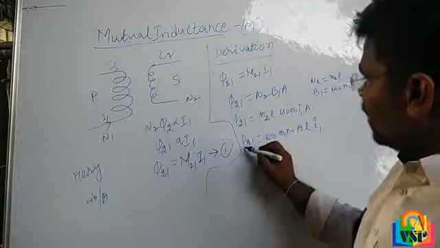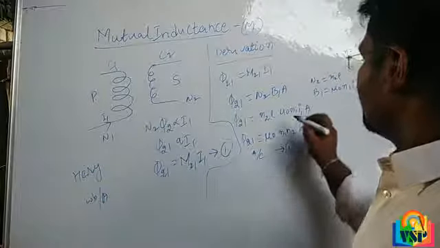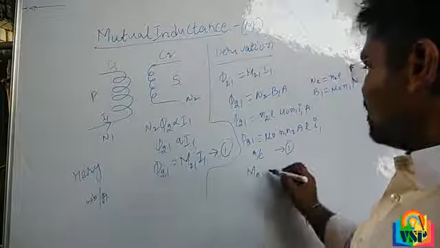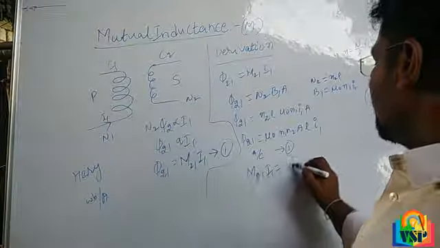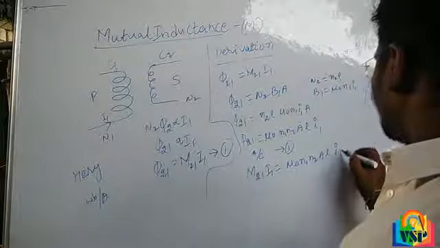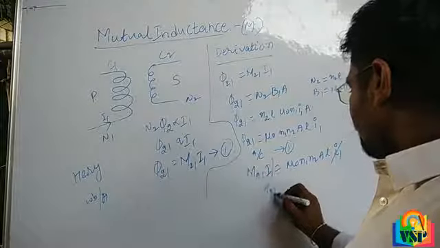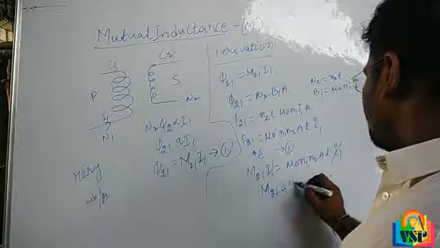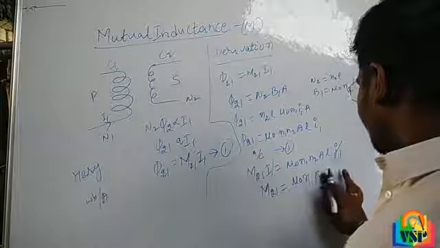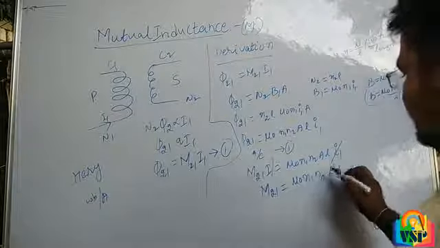So according to equation 1, we can write M21 I1 is equal to mu naught n1 n2 A L I1. I1 gets cancelled. We can write M21 is equal to mu naught n1 n2 A L. Understand? Mu naught n1 n2 A L.